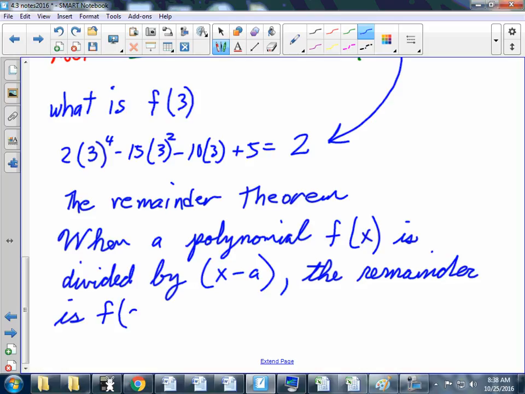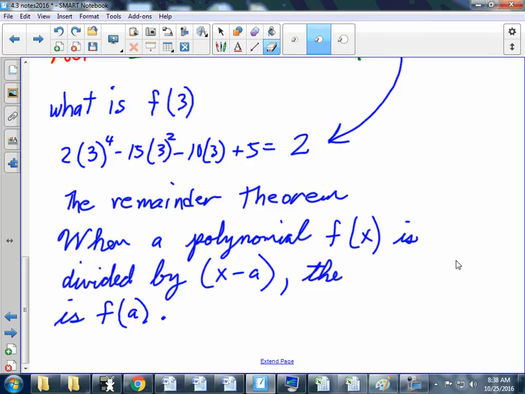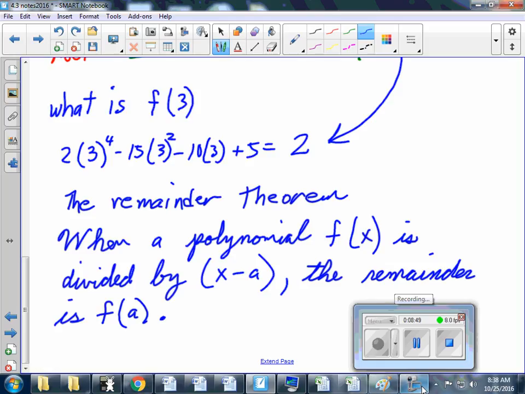F of a. That's pretty useful sometimes. I got to make that a better writing. The remainder is f of a. Pretty useful. And I'm going to stop the recording now and we'll practice some of these in class.